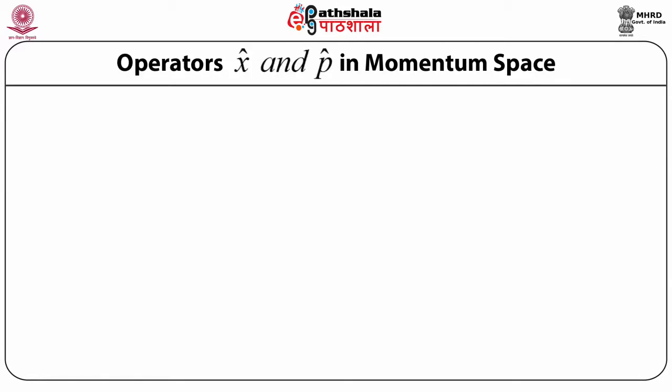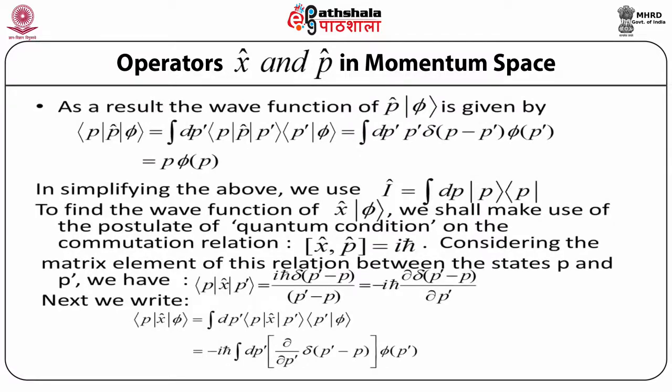Operators x and p in momentum space. As a result, the wave function of operator p acting on state vector phi is given by: bra vector p, operator p, ket vector phi is equal to integration over dp prime, bra vector p, operator p, ket vector p prime, bra vector p prime, ket vector phi.